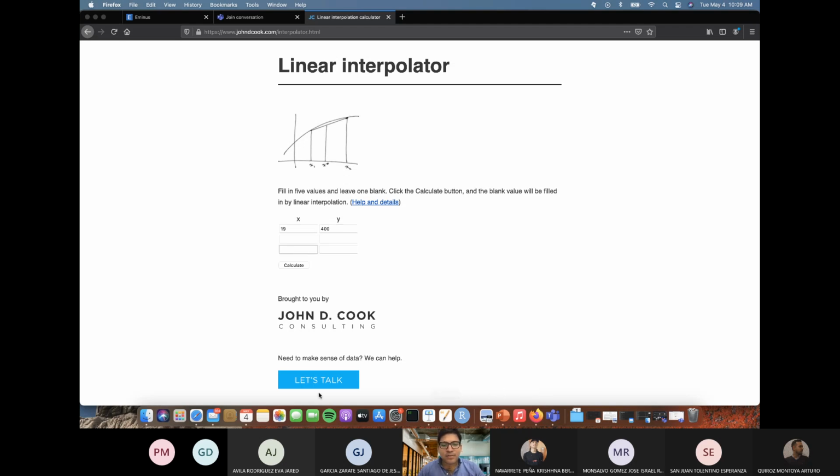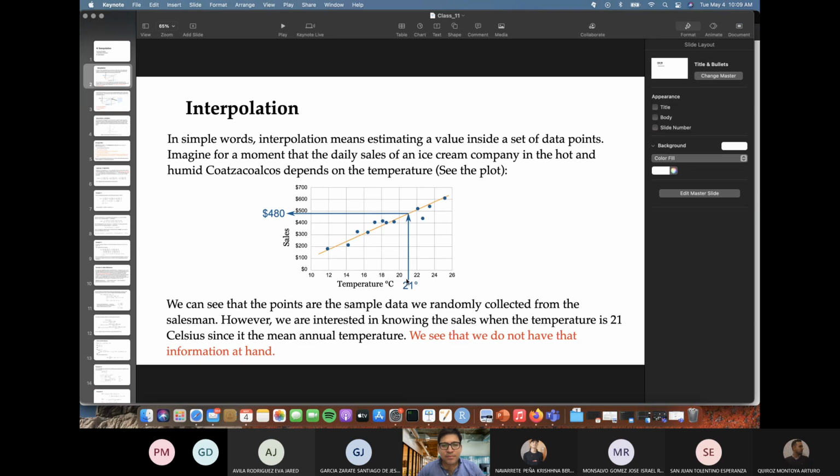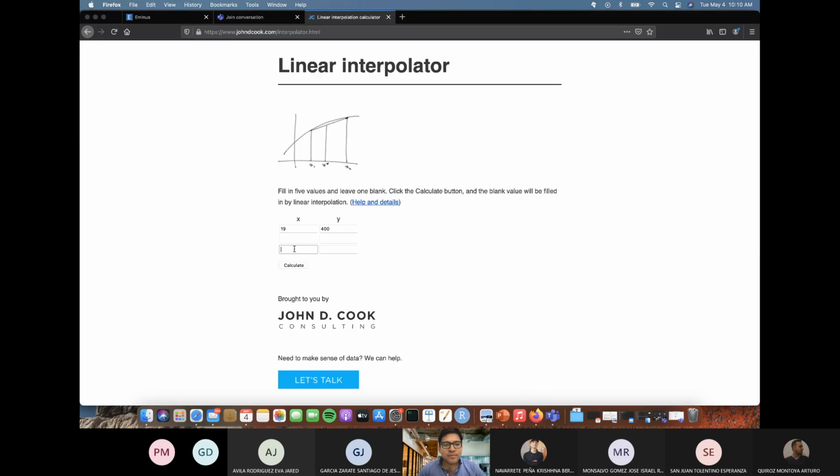And then for the second one, for 22, we have a revenue of about 510. So 510 for 22, and then you want to calculate for 21.